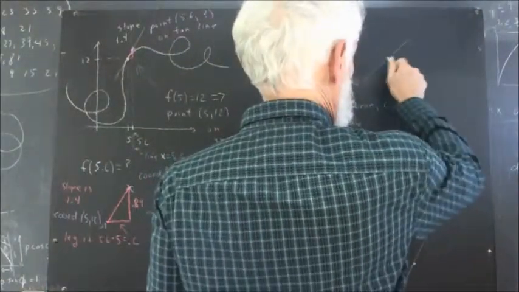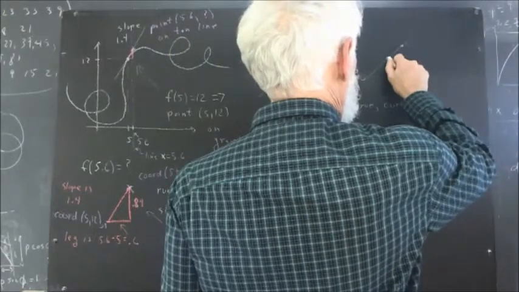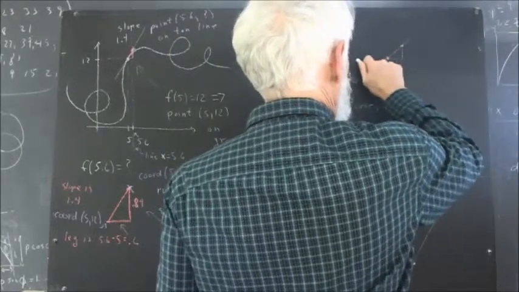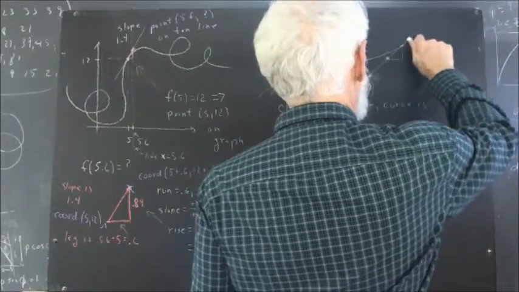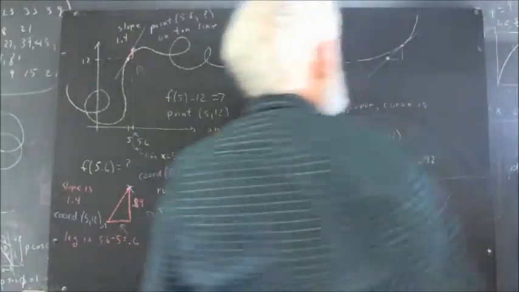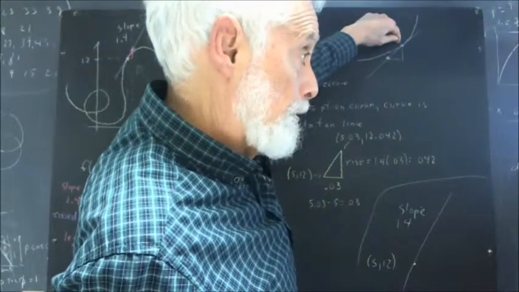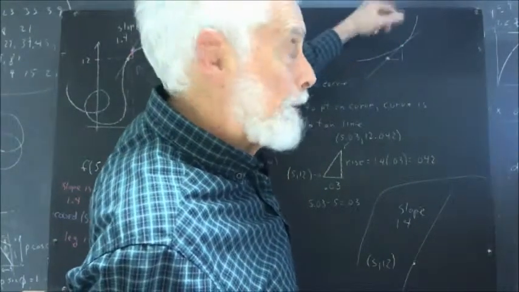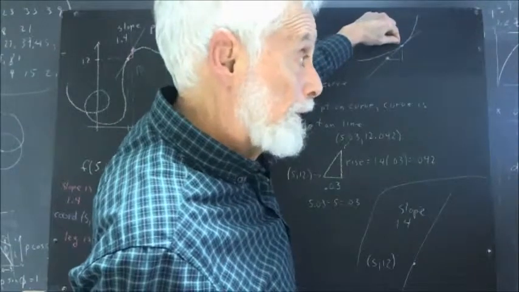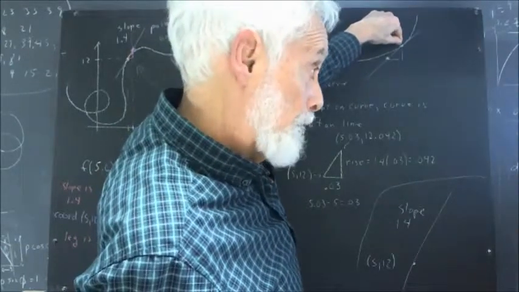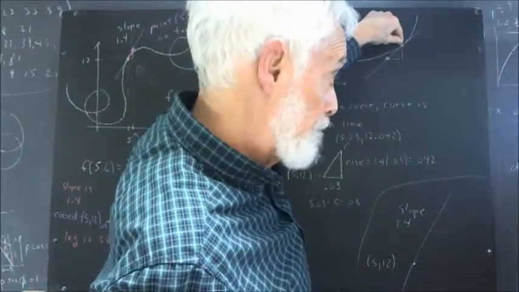We had the point (5, 12) here, we had this point here, we had this little triangle, and we had something like this. Okay, now I didn't quite hit it. My point of tangency looks like it's there instead of here. But the people that drew this did a pretty good job of making this the point of tangency. Okay, they had a curve that was nicely tangent at this point.